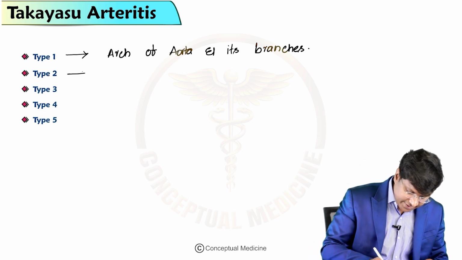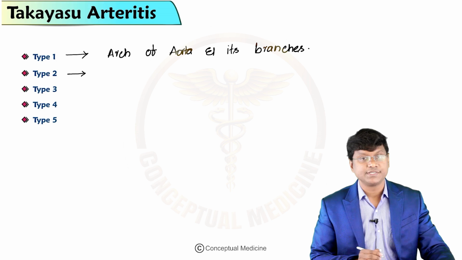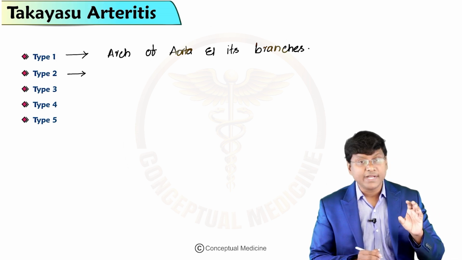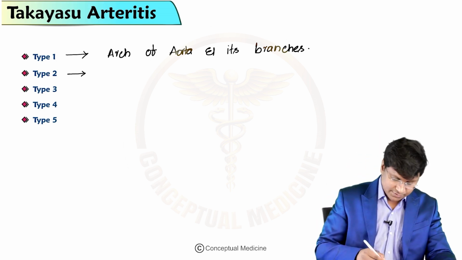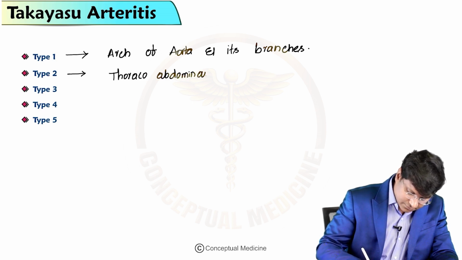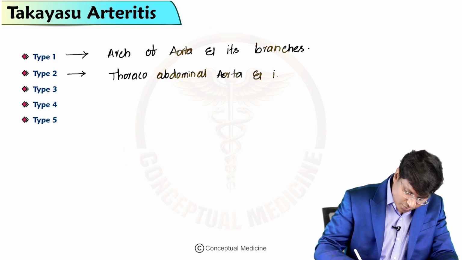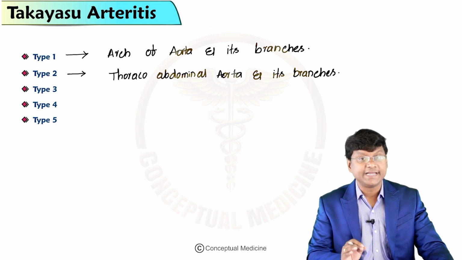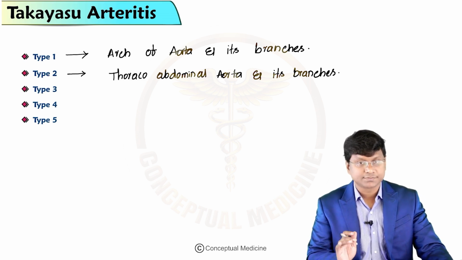Whereas in type 2 Takayasu arteritis, there will be involvement of thoracoabdominal aorta and its branches. Right, so that will be your type 2 Takayasu arteritis.